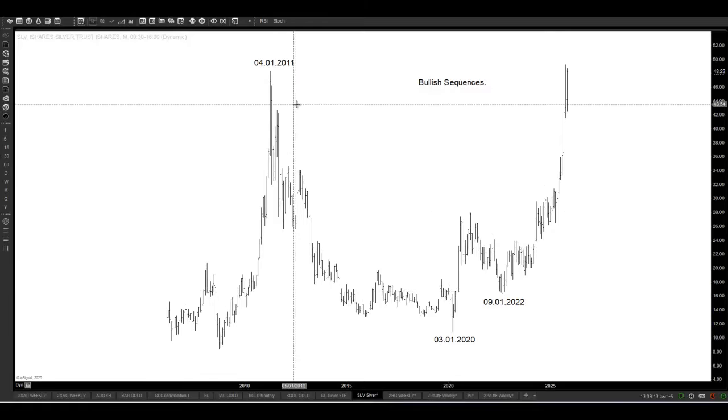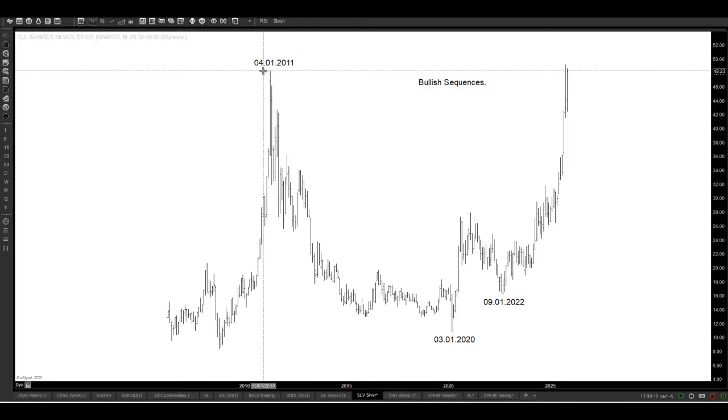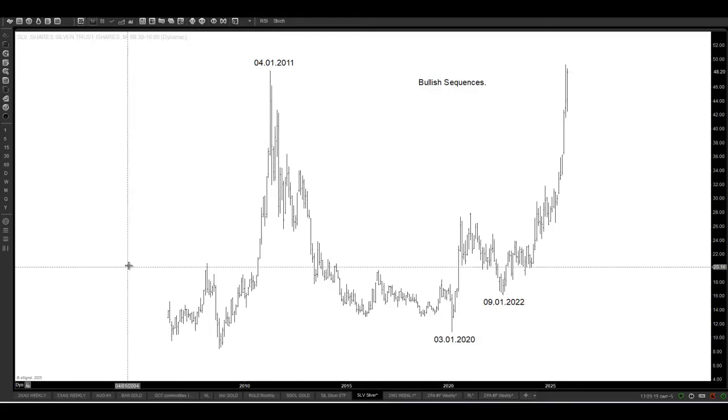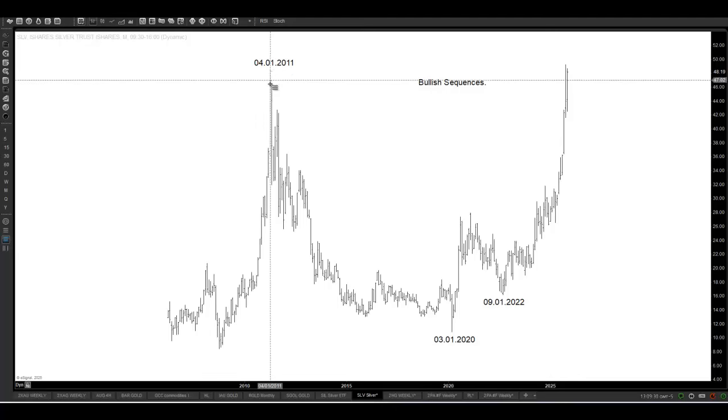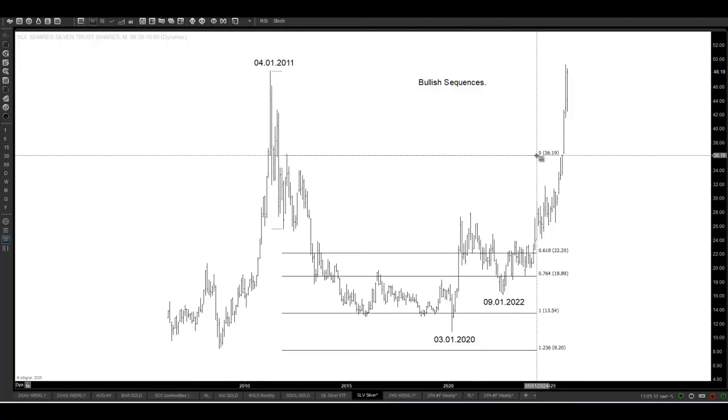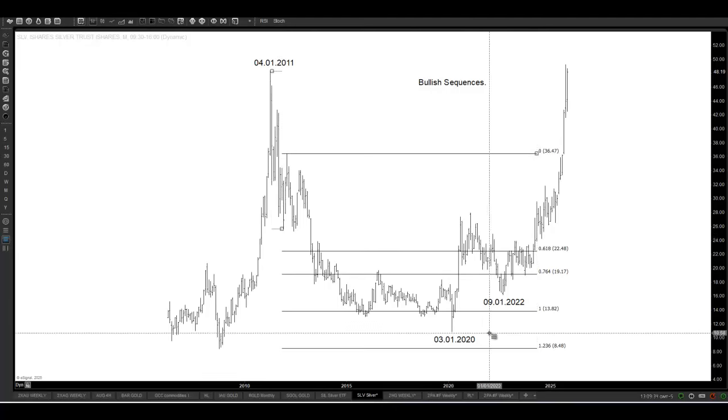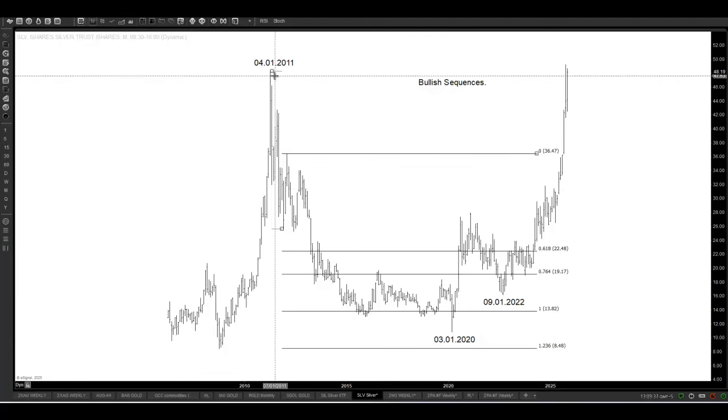So, the silver ETF ended its 2011 cycle. The grand super cycle ended in 2011. From there, it did a 3-wave pullback and reacted very nicely on our buying areas in 2020. But it took the highs here and margin of break.